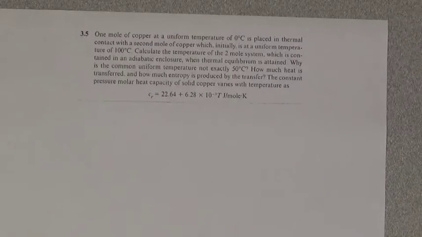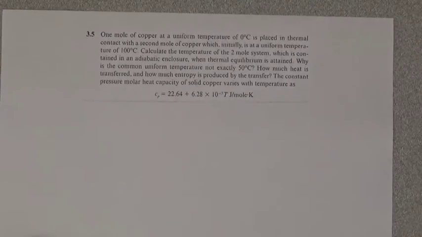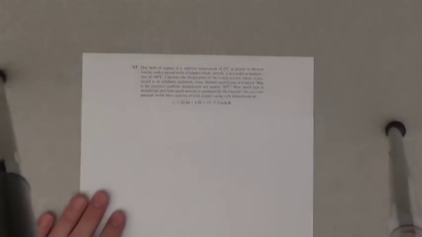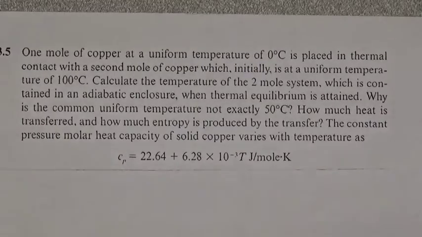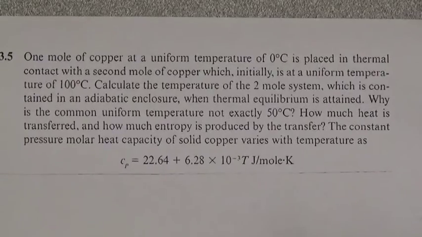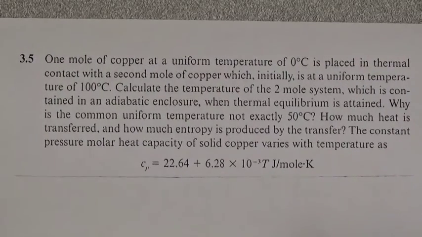Okay, let's look at problem 3.5 from Gaskell. Another problem I enjoy because I think it has a nice materials flavor to it. So basically we're looking at the equilibration of materials at different temperatures.